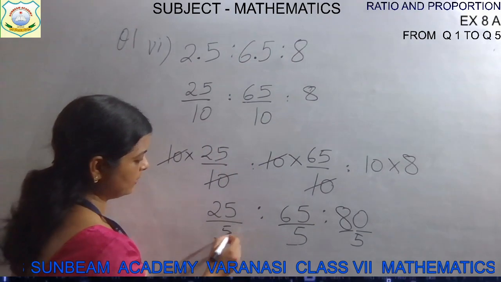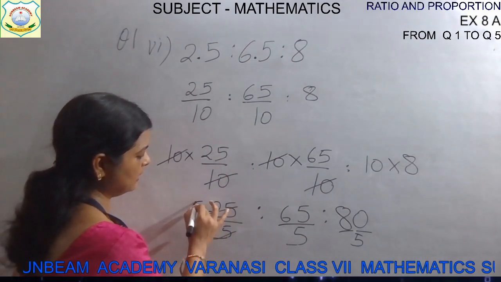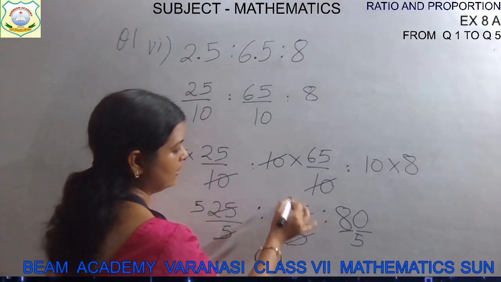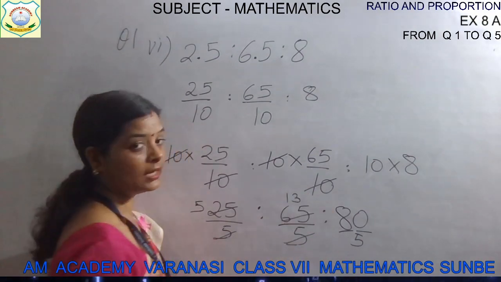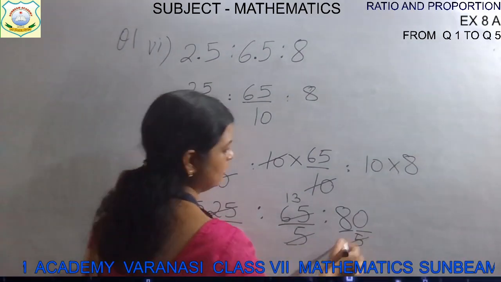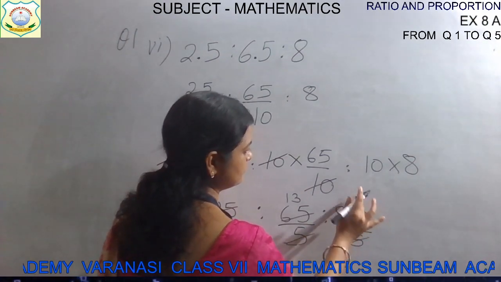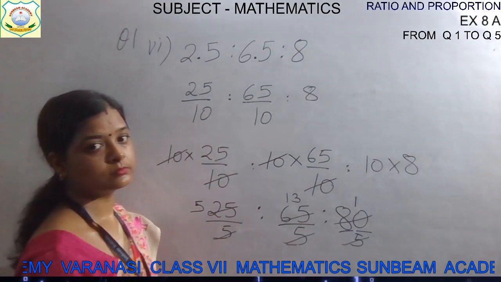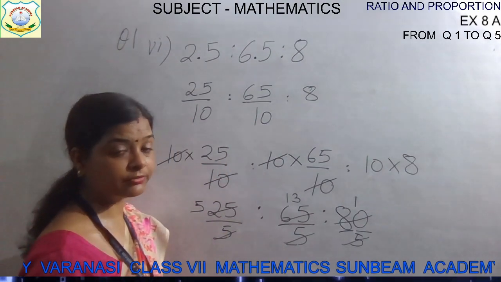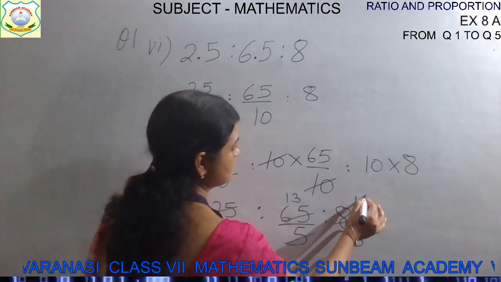5 5s are 25, so 5 will be left. It will be 5, how many times? 13 times, isn't it? And 5 ones are 5. 5 6s are 30.